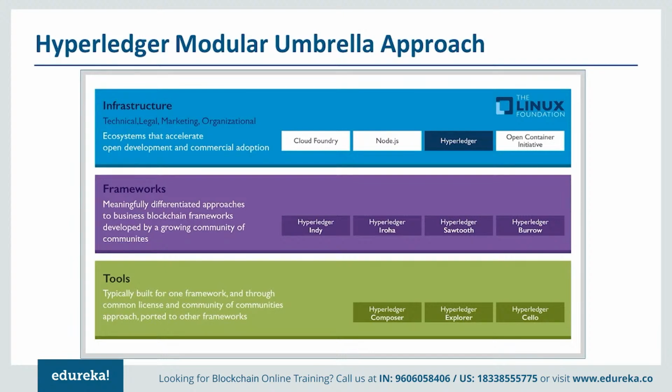And then there are different tools that are available, like Hyperledger Composer. Hyperledger Composer is one of the most widely used tools in Hyperledger. But now this tool has been deprecated by the Hyperledger organization because the maintenance cost of this tool was really, really high.